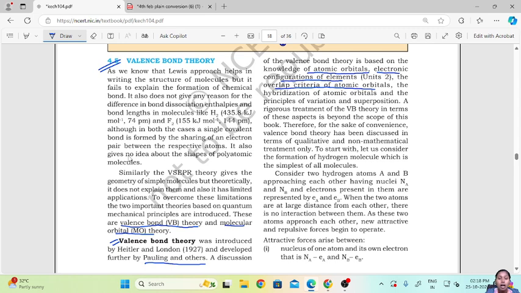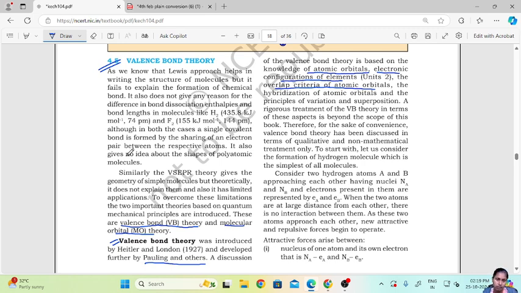Now, a rigorous treatment of valence bond theory in terms of these aspects is beyond the scope of this book, because there are a lot of things to explain if we go into detail.